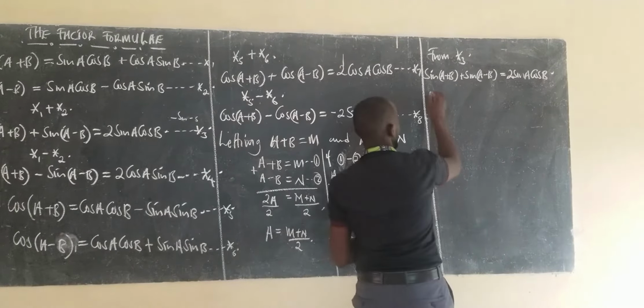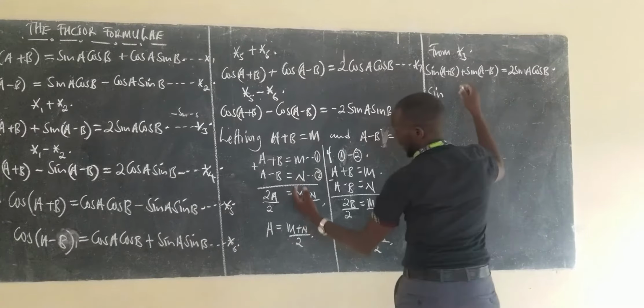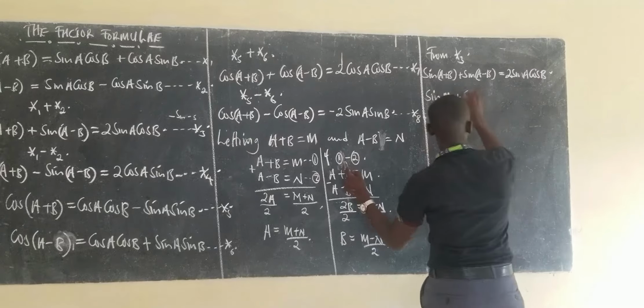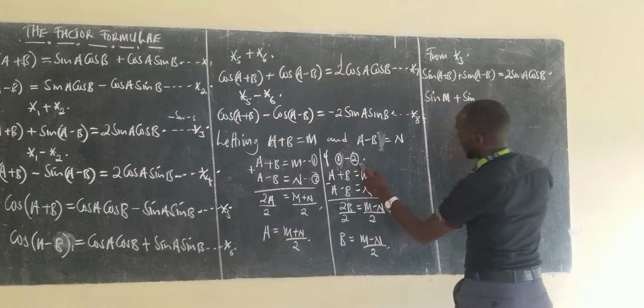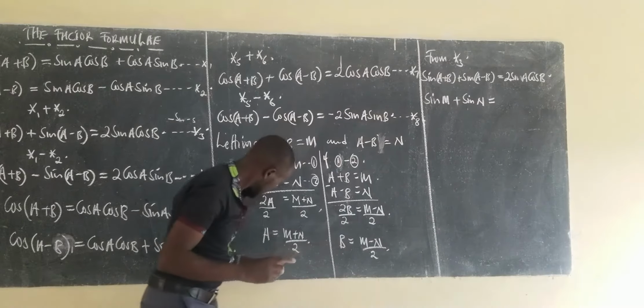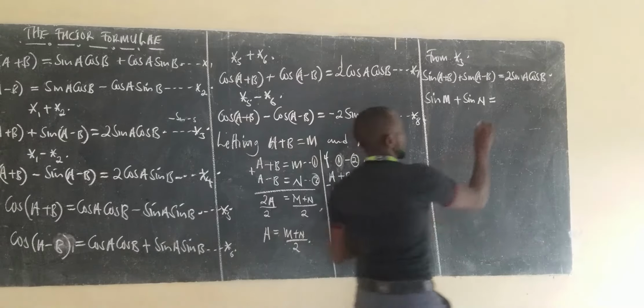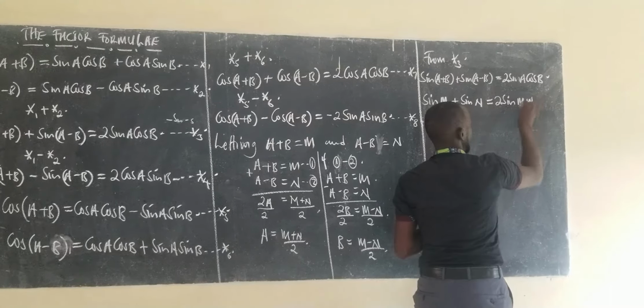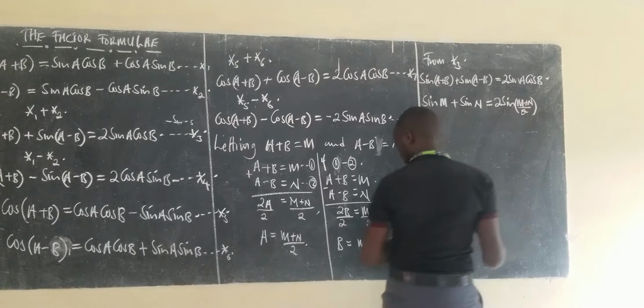So we shall have sine of A plus B, which is m, plus sine of A minus B, which is n, shall be the same as, now our A is m plus n over 2, which is twice sine of m plus n out of 2.